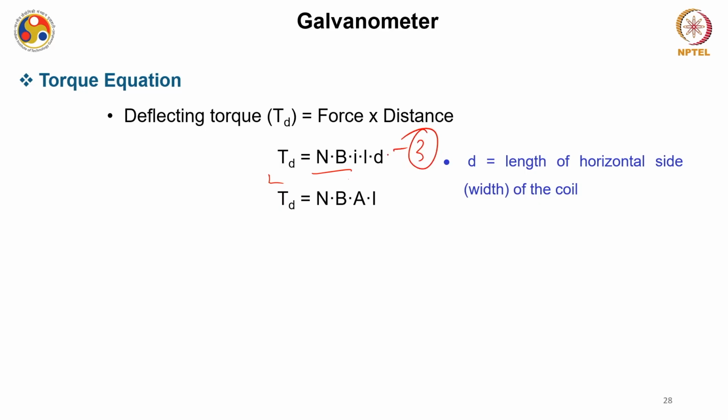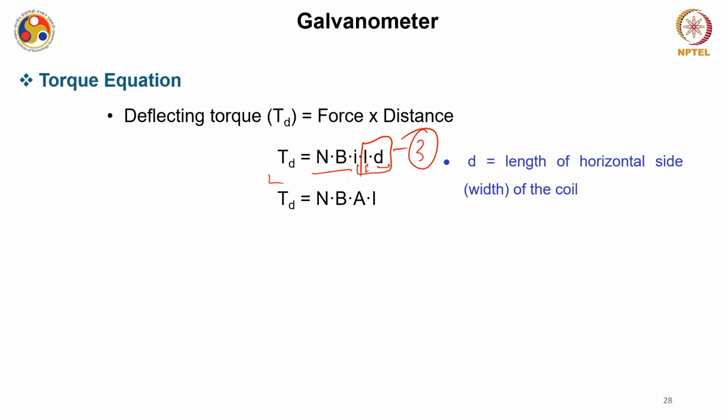Now, this L multiplied by this D, the width of the coil, defines the area of the coil.